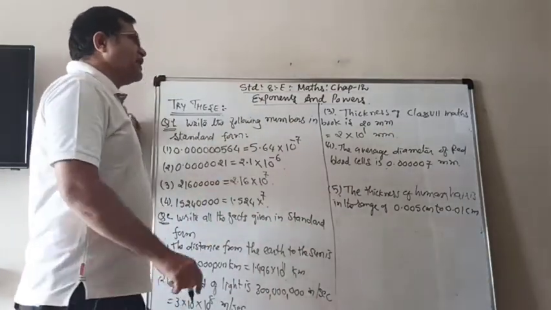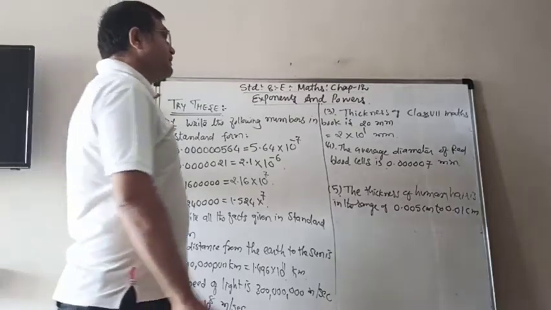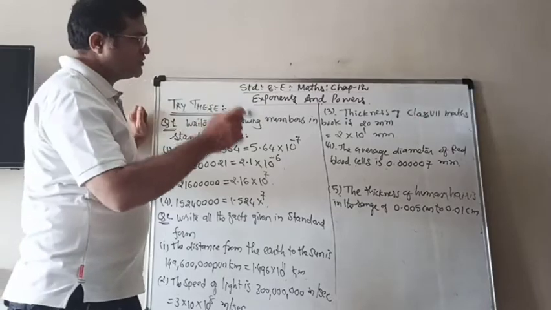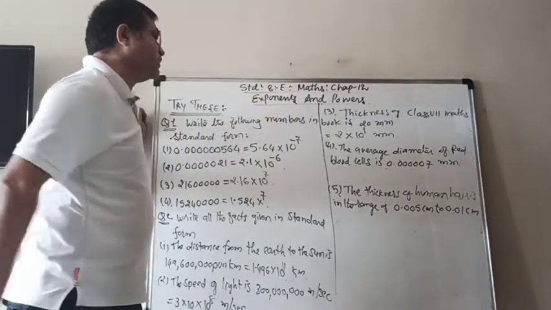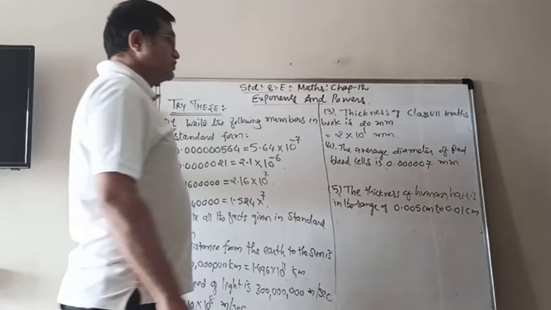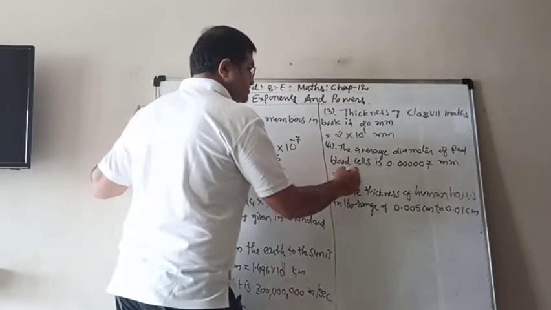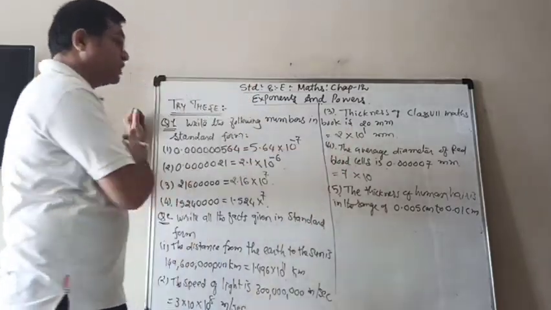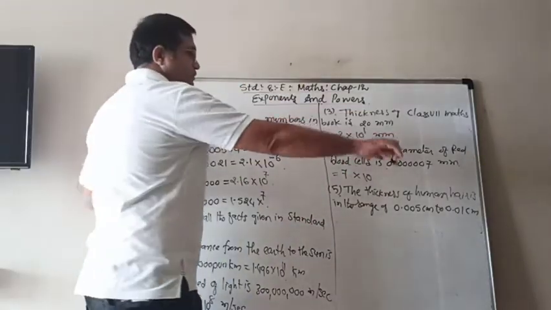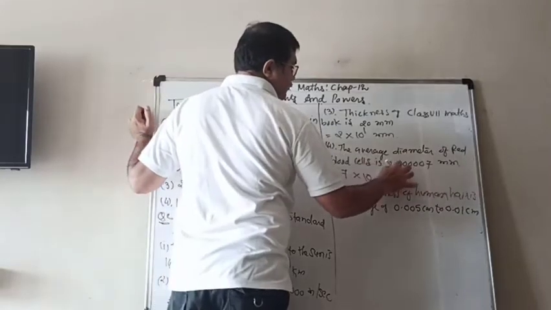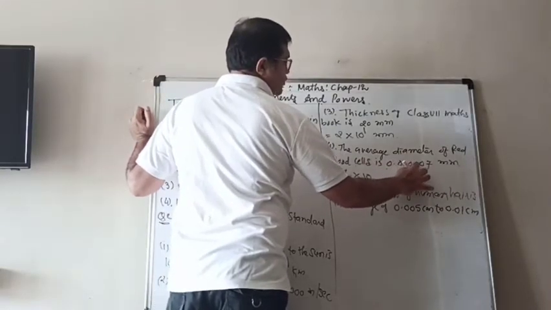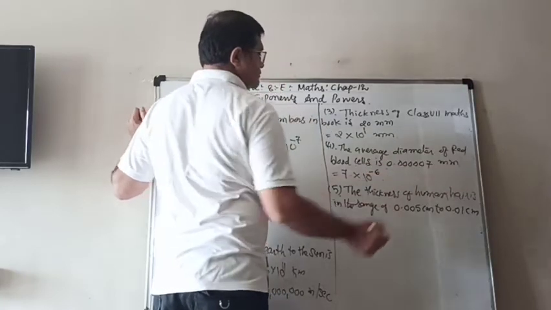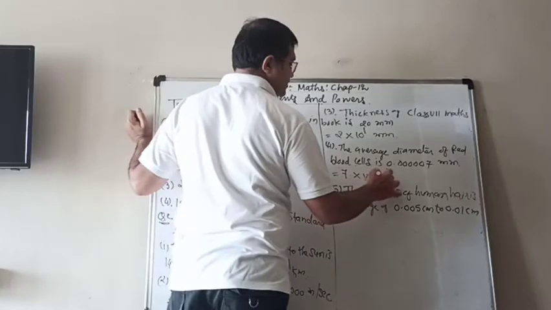The average diameter of red blood cells is 0.000007 millimeter. So that is equal to 7 multiplied by 10 raised to, now we have to move from left to right side. So 1, 2, 3, 4, 5 and 6. So 10 raised to minus 6 millimeter.